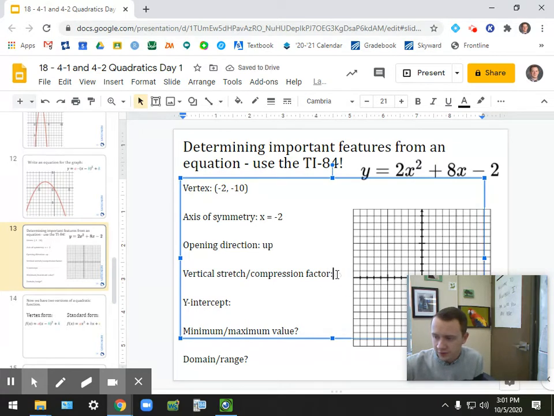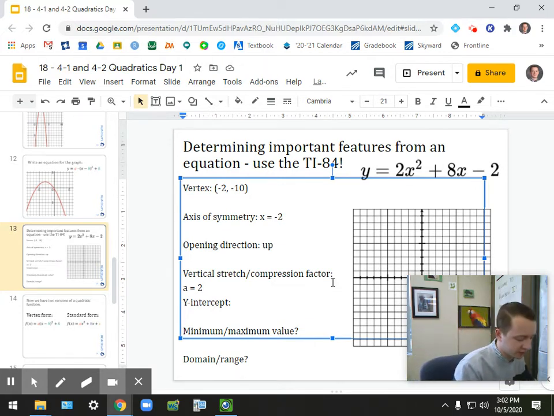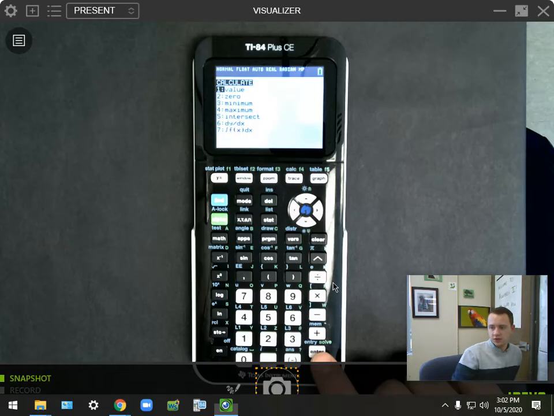What is the vertical stretch or compression factor? That's what I'm looking for when I'm asking what is A. A is 2. My scale factor is 2. The y-intercept is what happens when I put in 0 for x. So I'm going to show you how to do this in your calculator. I'm going to go to second trace. That's the calculate menu again. Sorry, I didn't show you that.